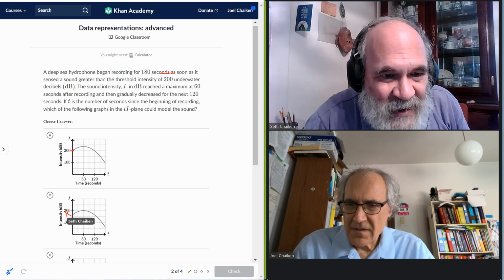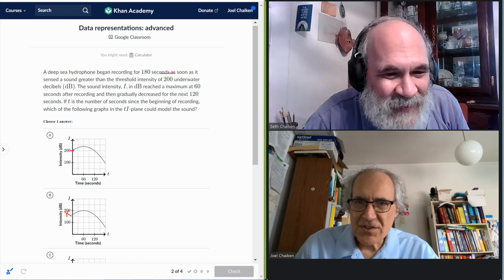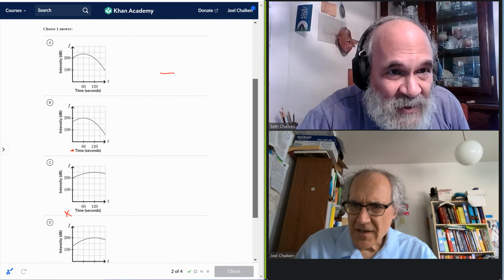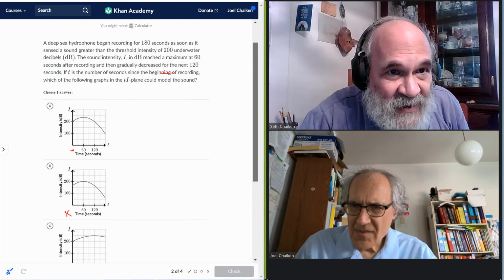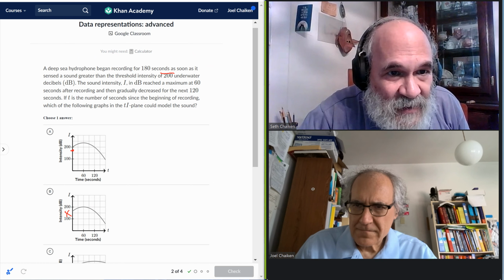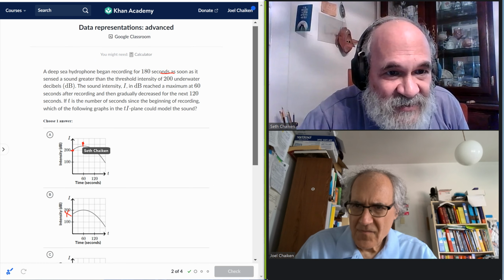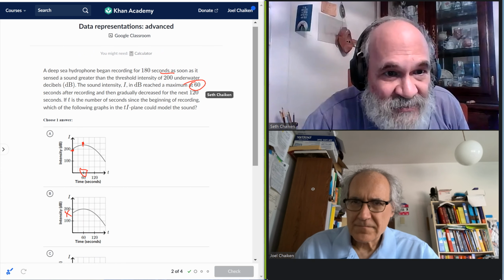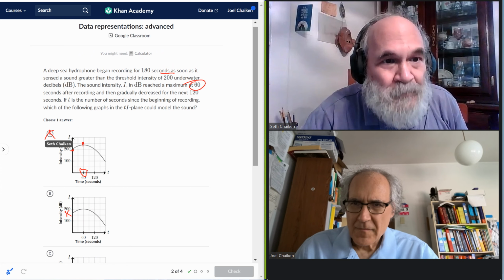Let's move down to the next one. The other two don't have a maximum at 60, so this is the only one: it starts here and the maximum is reached here at 60. So A is the answer.